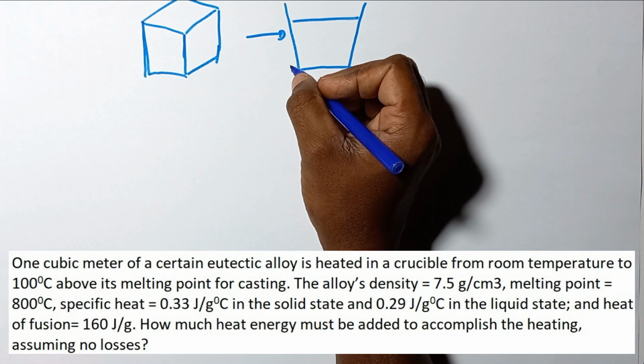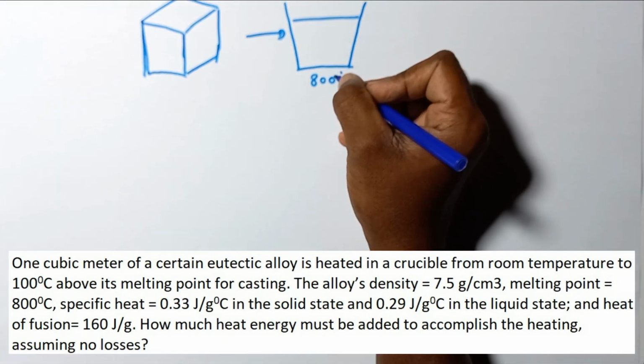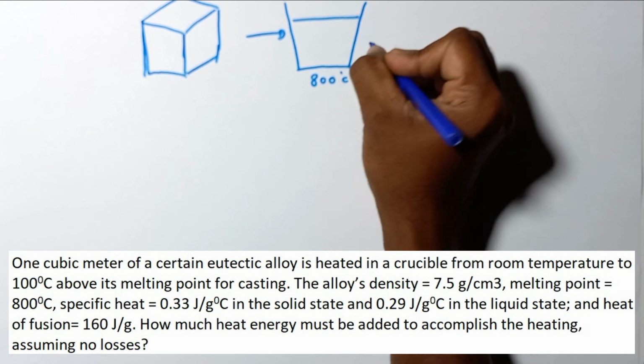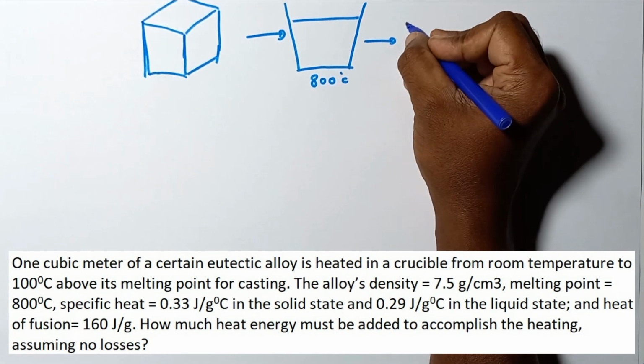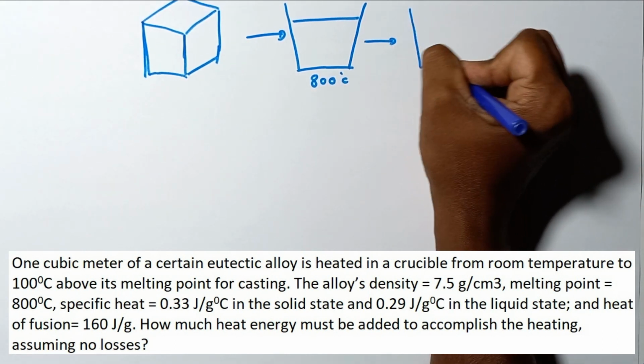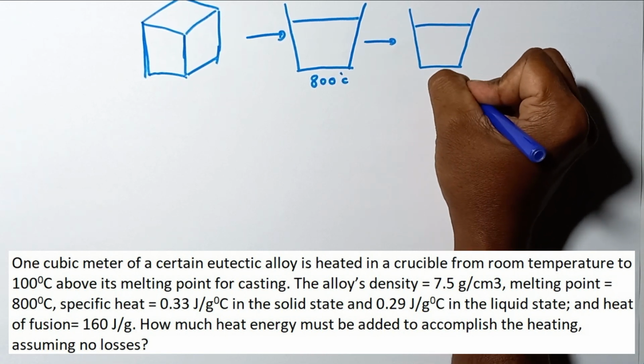So the melting point is equal to 800 Celsius, and further it has to be heated to a pouring temperature of 800 plus 100, which is equal to 900. Okay, so 900 Celsius.